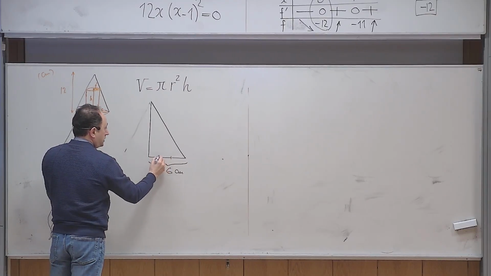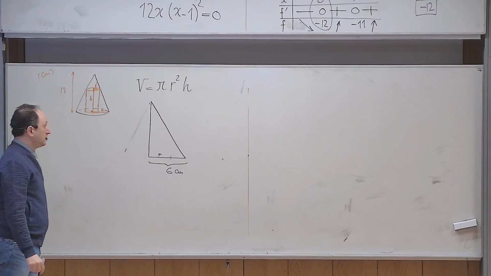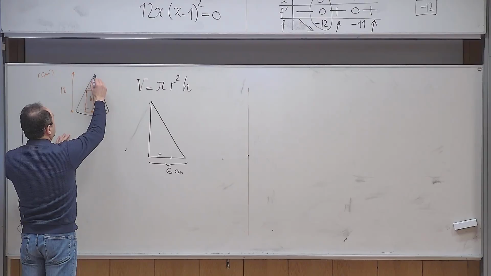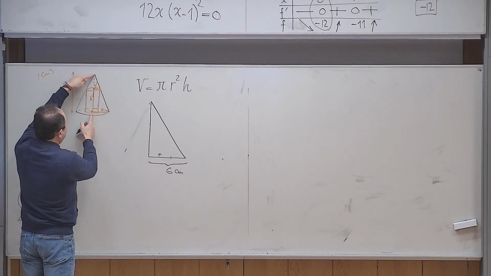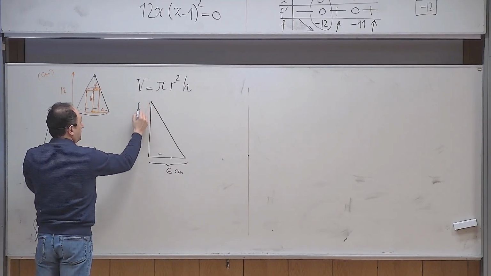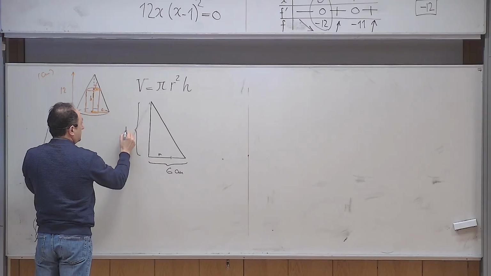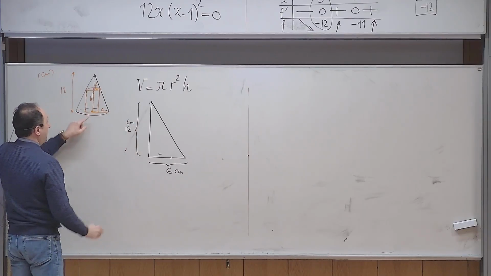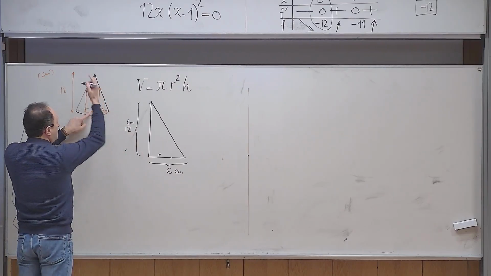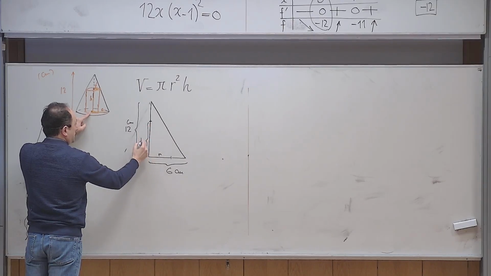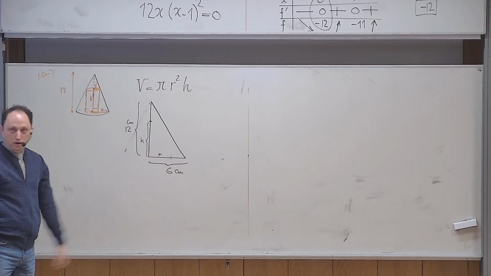So from here to here is R. Then in this cross section, from here to here is the height of the cone, so that is 12. And from this point to some point there is h. This is what you have.